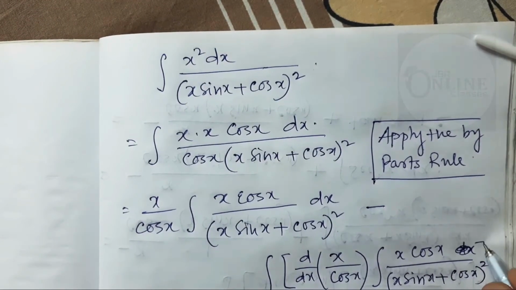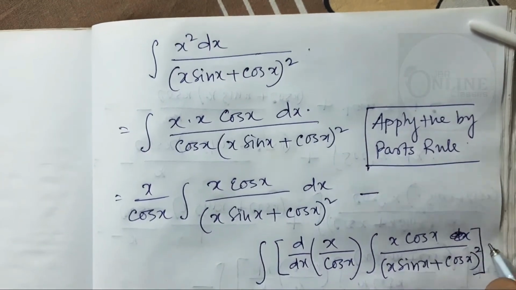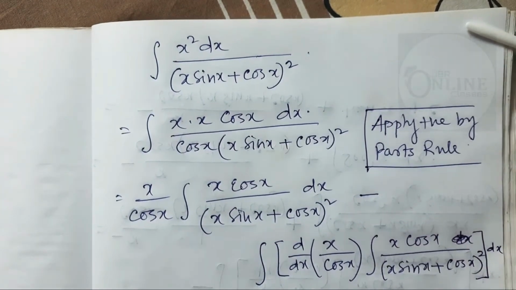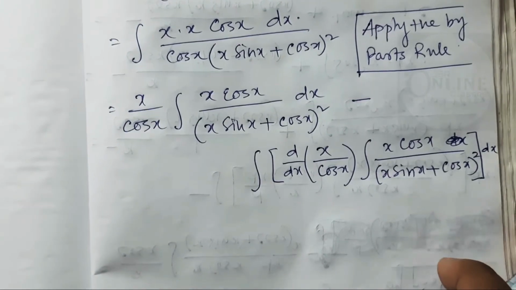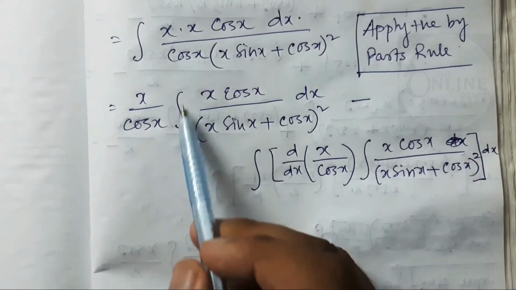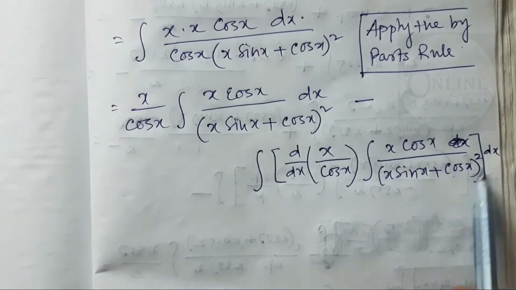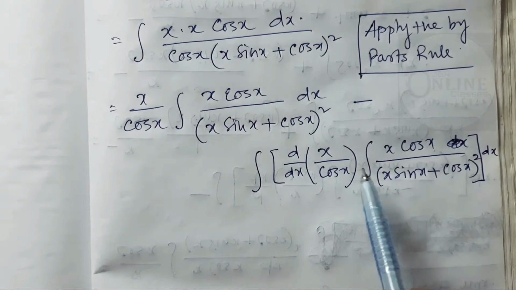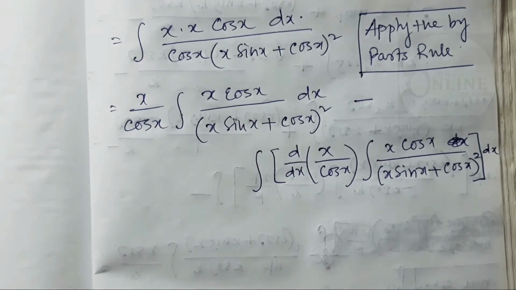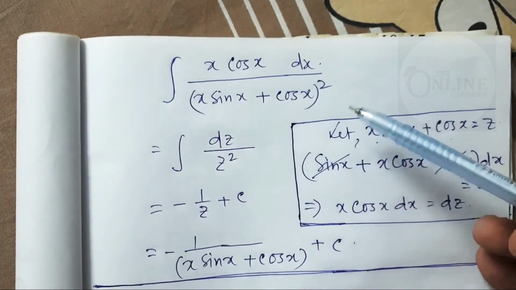Sorry, dx will be outside of this bracket, dx. Okay. Up to this I have just applied the formula, nothing else. Now we need this integration, right? Here also the same integration is there. So that integration I have already done it.